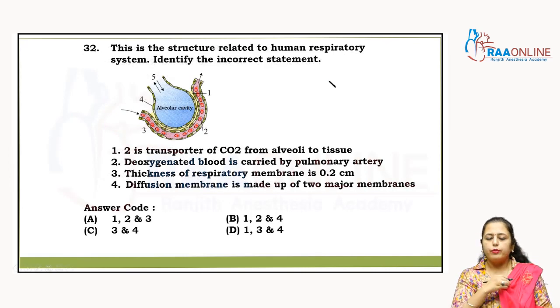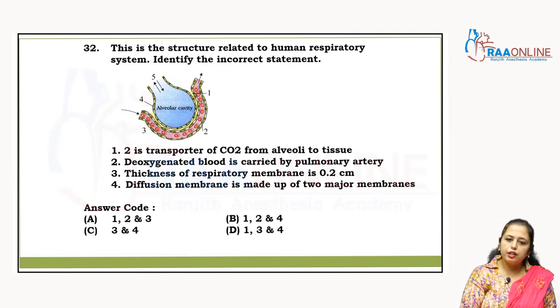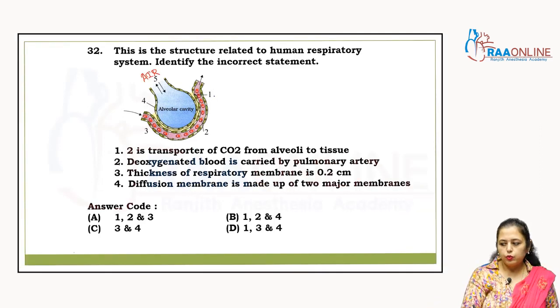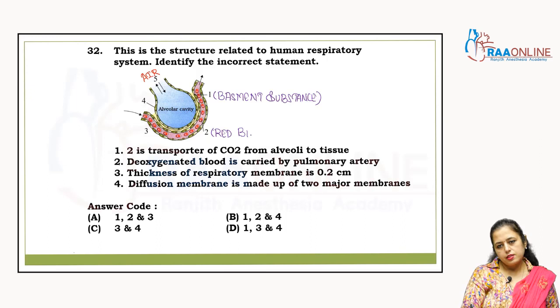Now come to the question. See that this is the diffusion membrane, right? This is the diffusion membrane. That one is the basement substance, right? That is RBCs, red blood cells. This is an NCERT diagram.